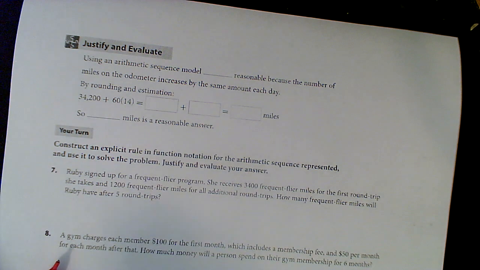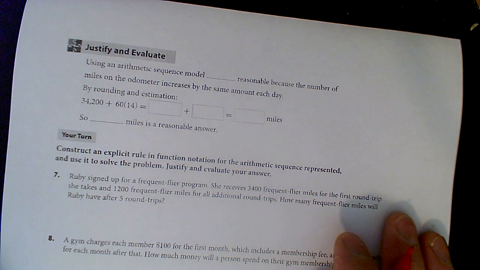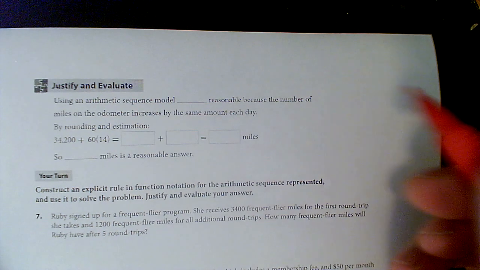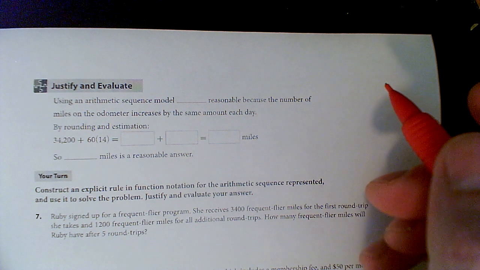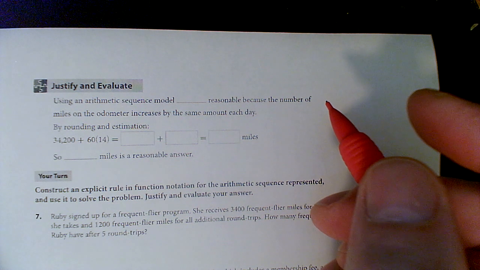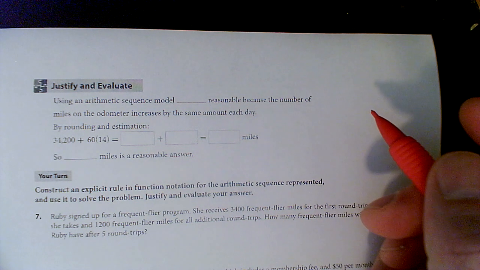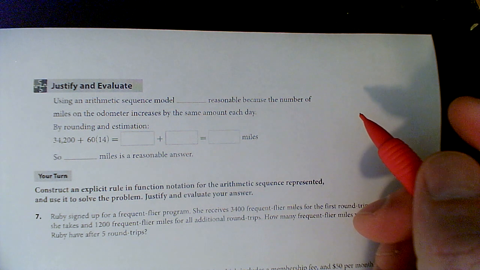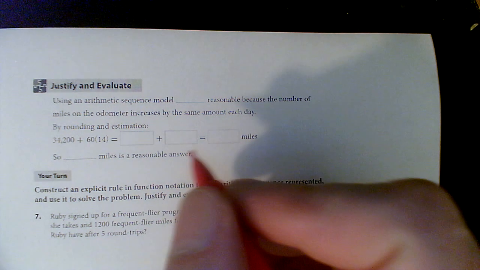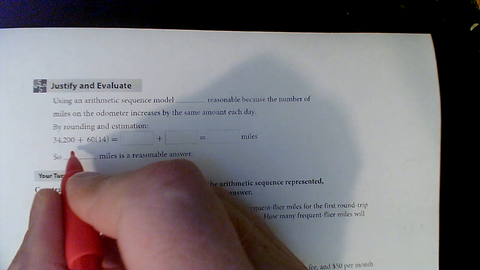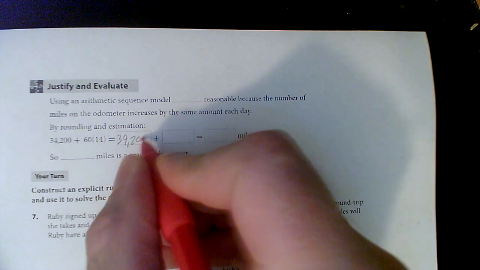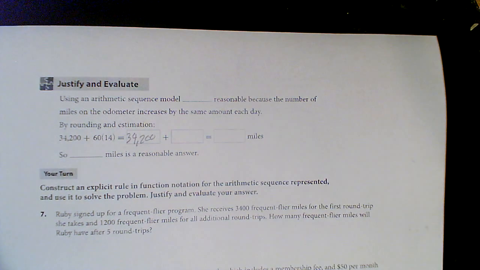Alright, so this one, using an arithmetic sequence, model a reasonable number of miles, as the odometer increases by the same amount each day, by rounding the estimation. Let's do this. They just gave us the problem: 34,200 plus 60 times 14.